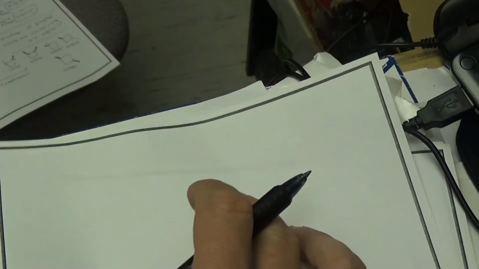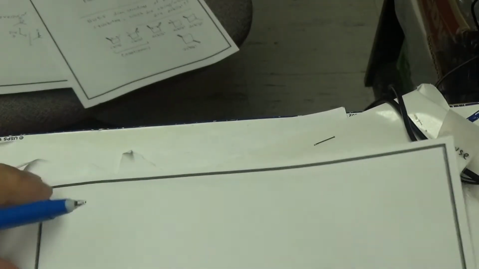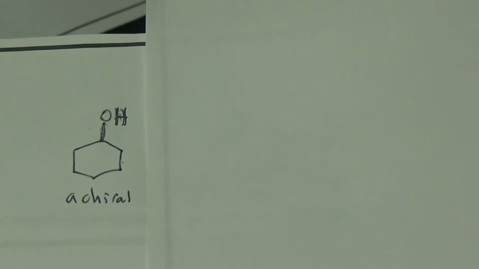More examples. All right, let's consider this molecule, cyclohexanol, and try to determine is it chiral or not.